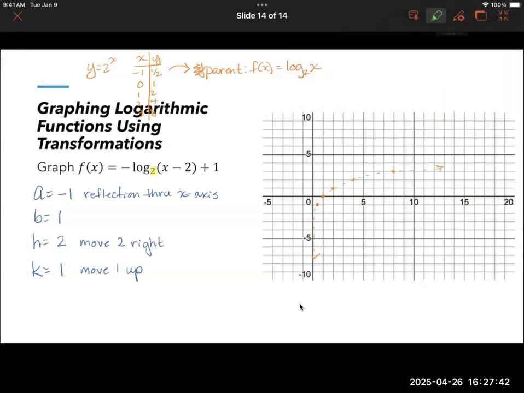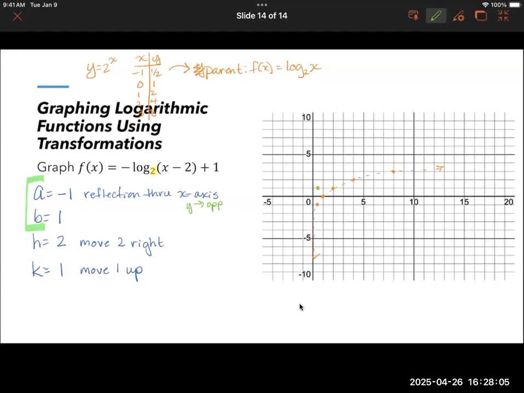So again, I would recommend you look at a and b first. And that reflection means that every y coordinate in the parent function becomes the opposite. So here I'm going to have 1/2, +1 now.